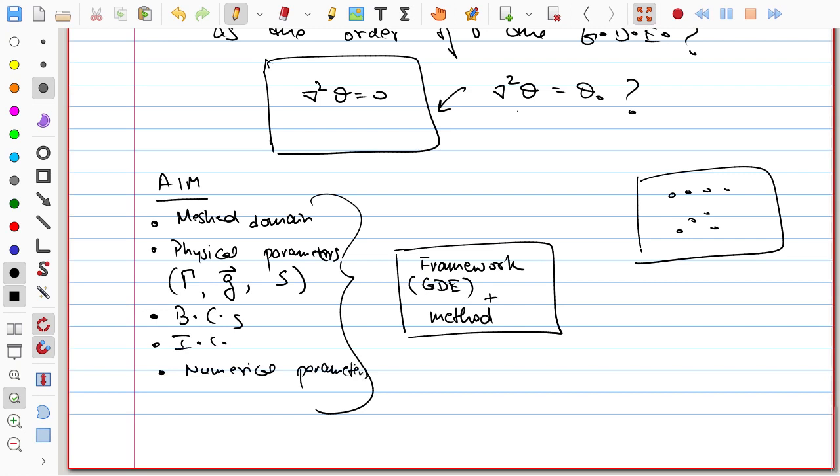So numerical parameters, again we'll discuss it over the course of time. So it could be something like a tolerance. So let's say you are converging some iterative solution. Now ideally you will never have a zero error. The error will just go down as you have more and more iterations. You have learned numerical methods at some stage in mathematics.